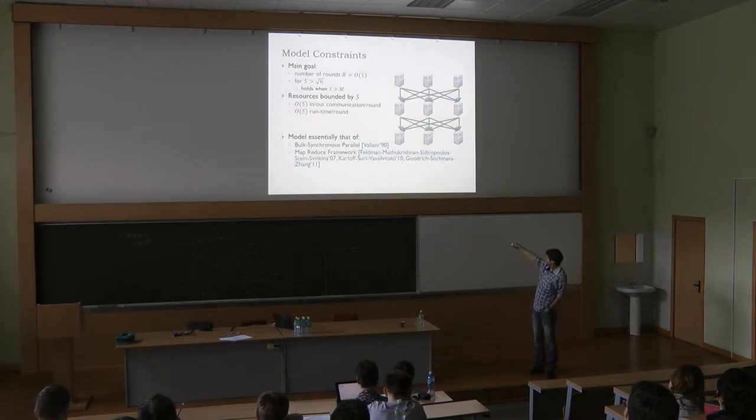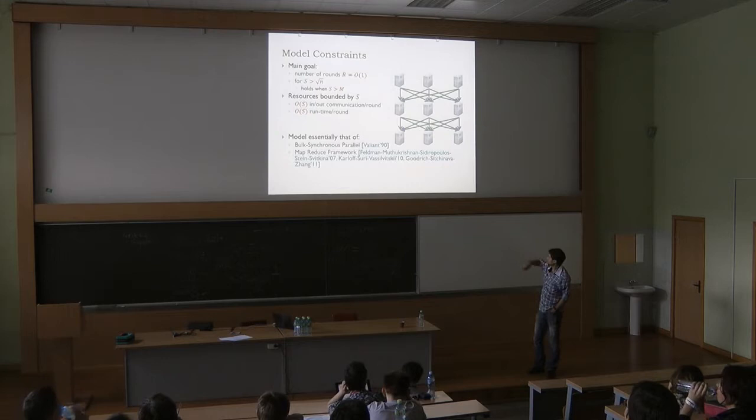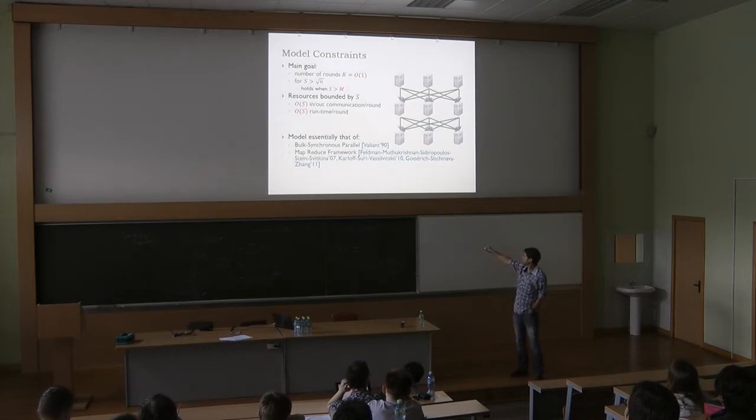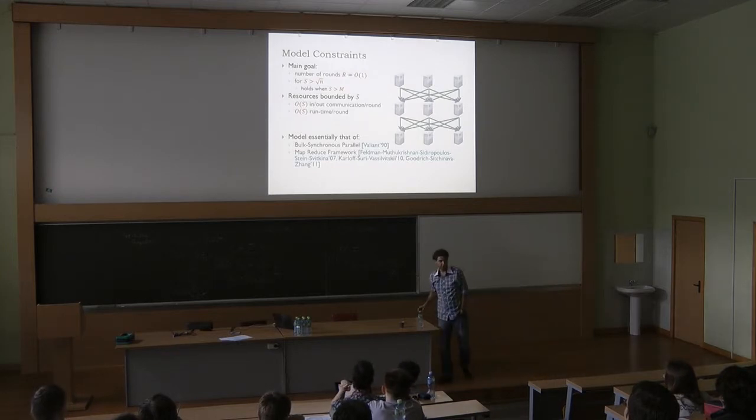So this model is essentially the model of Goodrich-Sitchinava-Zhang, which is a modification of the Karloff, Suri, and Vassilvitskii model, but we call it the MapReduce framework. But this is the model.